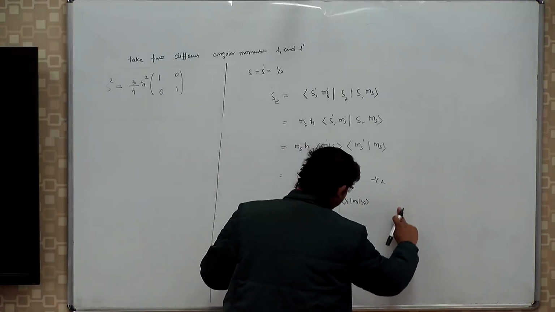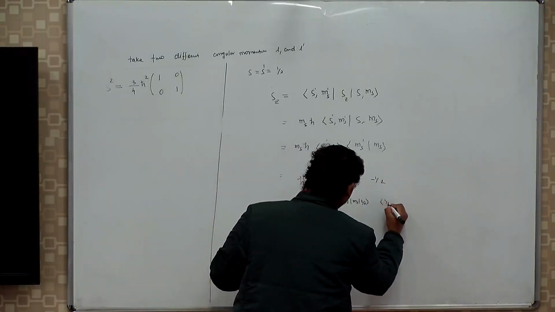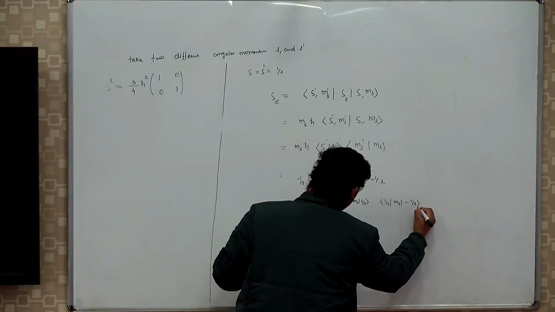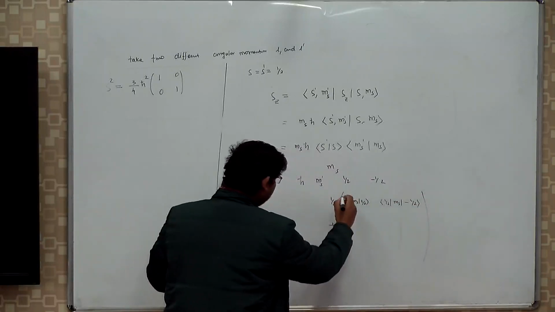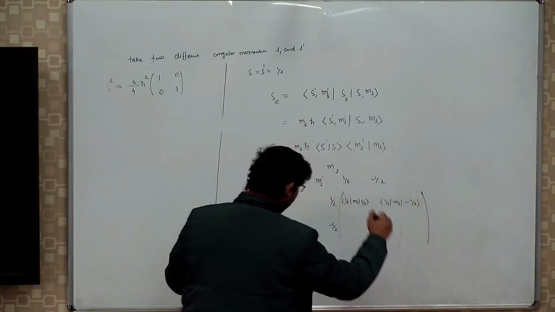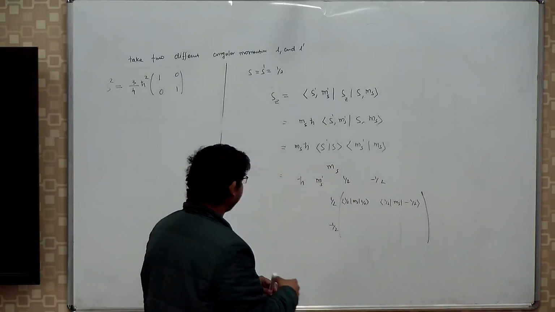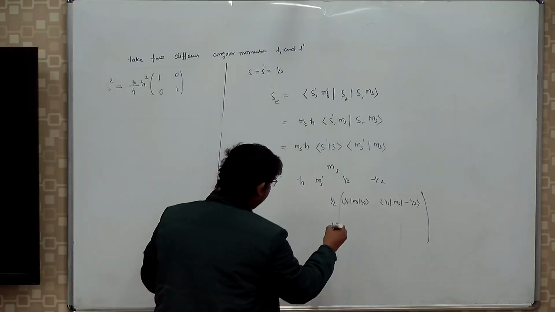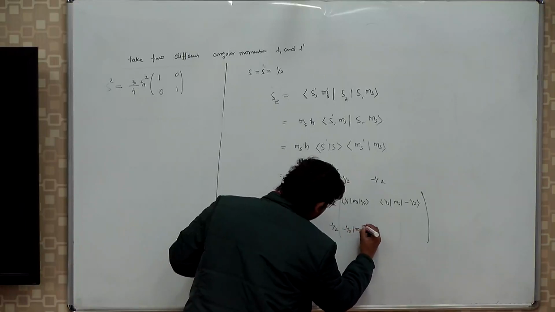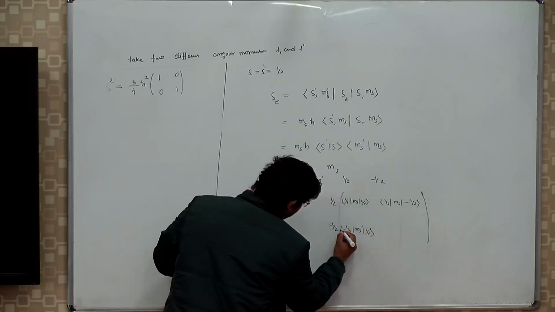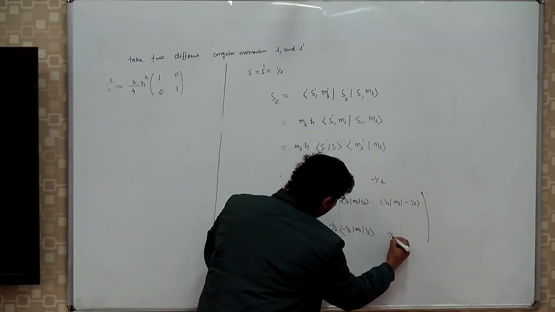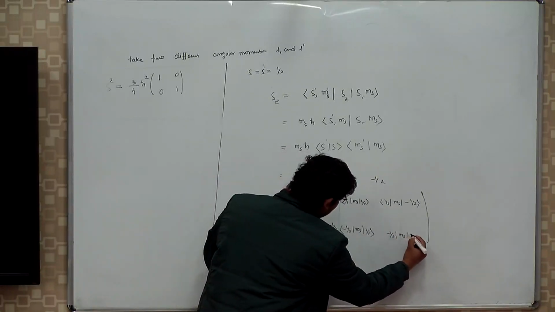Then 1/2 m_s -1/2. Then when you come to write here, -1/2 m_s 1/2, and for writing the fourth entry, -1/2 m_s -1/2.